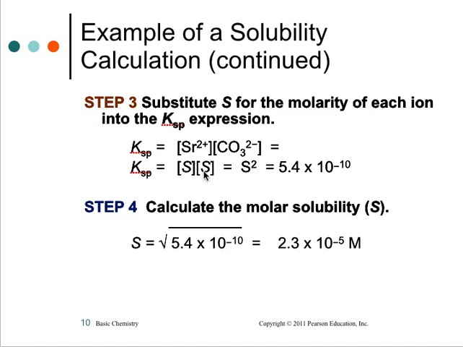This is moles per liter. So I've got moles squared. Okay, moles squared. So if I want to find its molarity, which is moles over liter, I need to take the square root of this number, which is the square root of 5.4 times 10 to the negative 10.